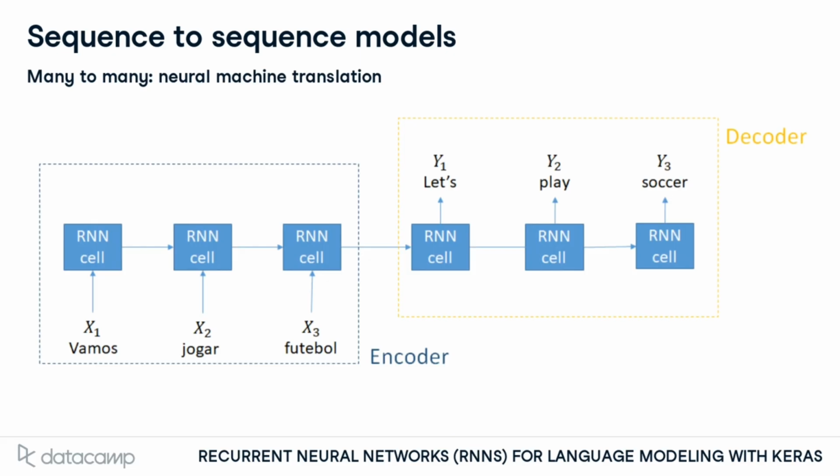The encoder learns the characteristics of the input language, while the decoder learns for the output language. The encoder has no prediction, no arrows going up, and the decoder doesn't receive inputs, no arrows from below.